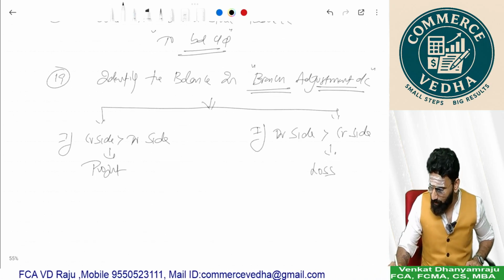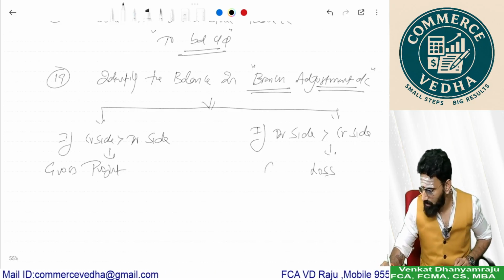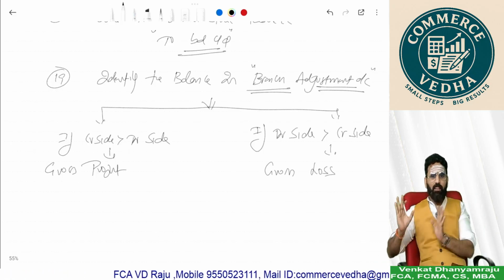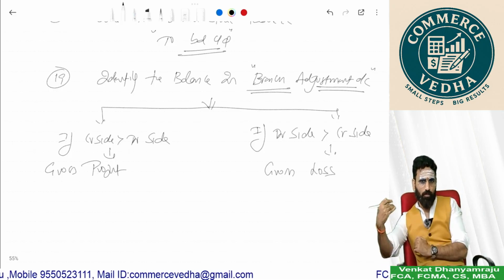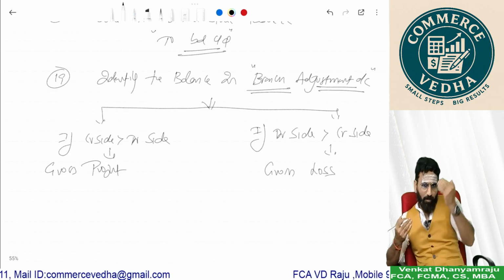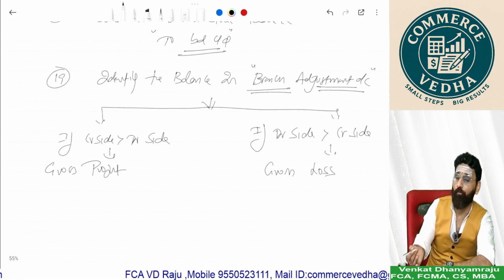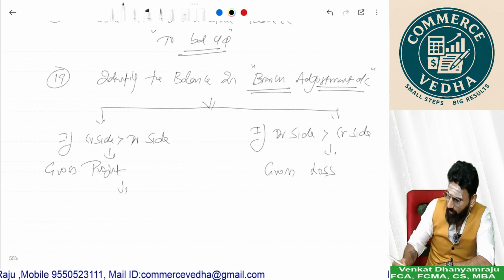Whether it is gross profit or gross loss, I will say gross. So branch adjustment, either credit balance or debit balance. If credits are more, then it is profit. If debits are more, then it is loss. Loss or profit shall be transferred to P&L. If it is profit, what should do?